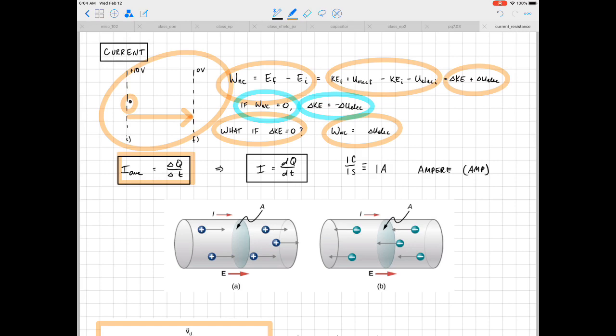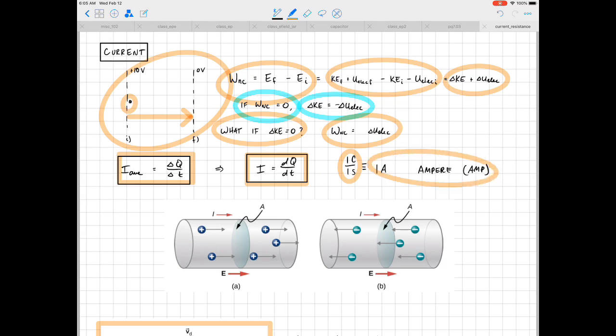Of course, if you do that over some large time interval, this is really an average of the current. So if you want the current at any instant, then you need to take the derivative, dq dt. Looking at the quantities, our current unit is going to be a coulomb per second, which we define as an ampere.